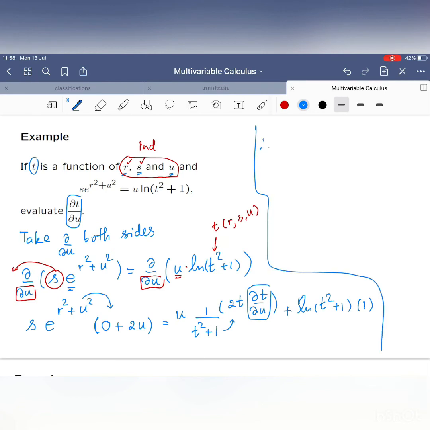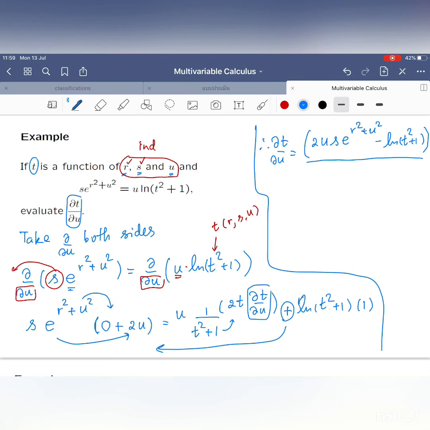So it means that dt du is simply this one, 2u as e to the r square u square, and then minus log of t square plus 1, because you have the plus here, so you move it over there, and you are going to divide by 2tu over t square plus 1.